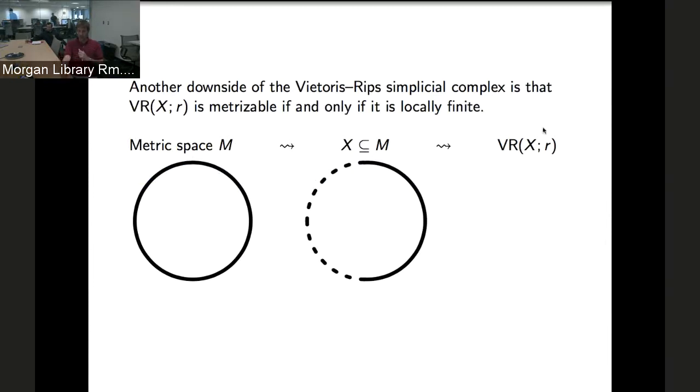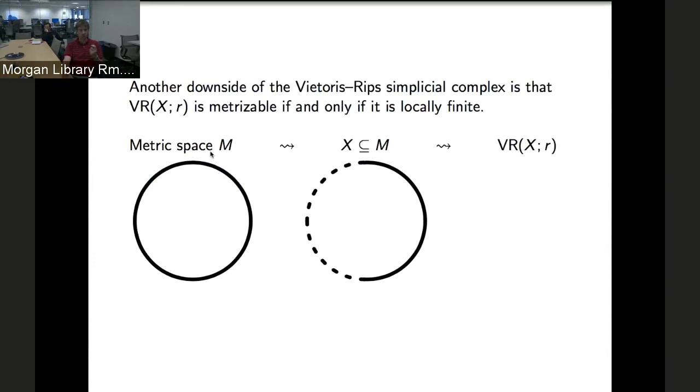And so one thing they might do is build the Vietoris-Rips simplicial complex on top of your damaged version X. Okay? And there are nice hypotheses such as Latschev's theorem that say if X wasn't too damaged, then this Rips complex of X will recover the homotopy type of your original beautiful circle M.